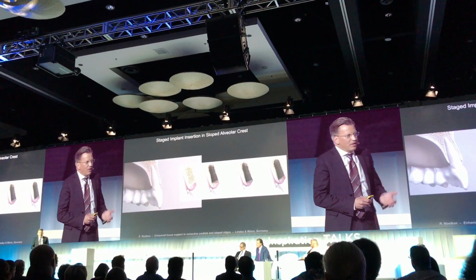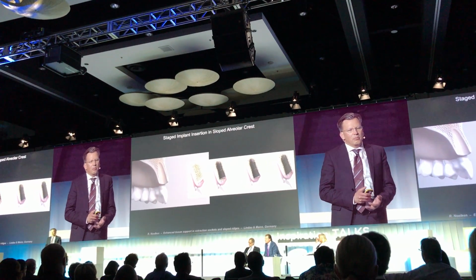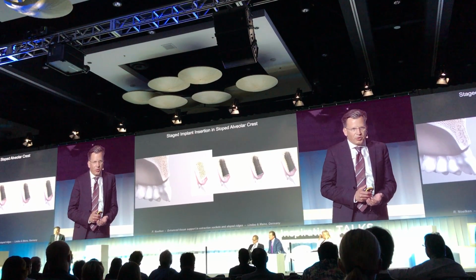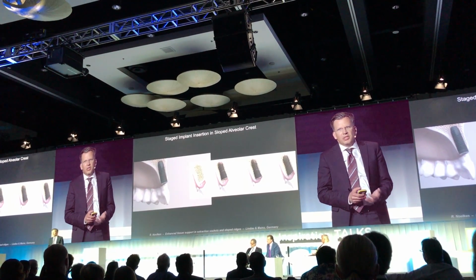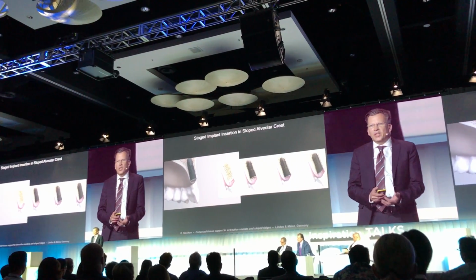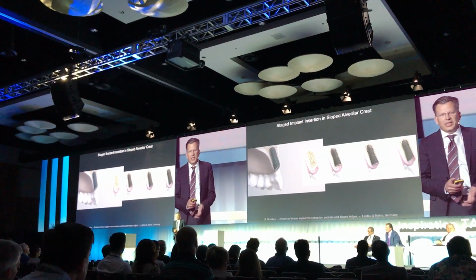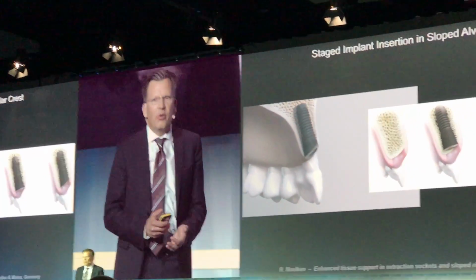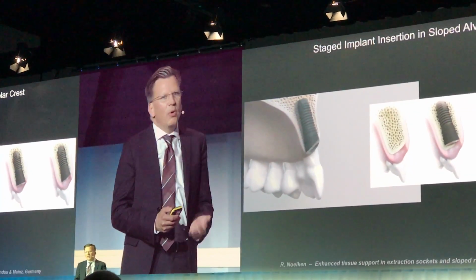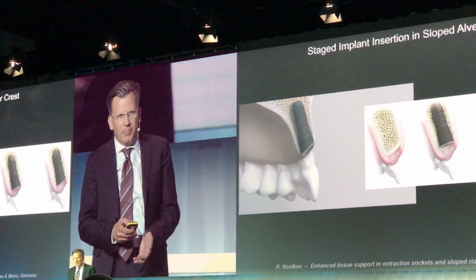This animation shows a typical post-extraction bone resorption of the extraction site with a healed sloped crest. And now the question for the surgeon: where to place the implant? Place it at the facial bone level and put it 2 millimeters below the lingual bone level? Then we'll get some resorption at the lingual aspect.